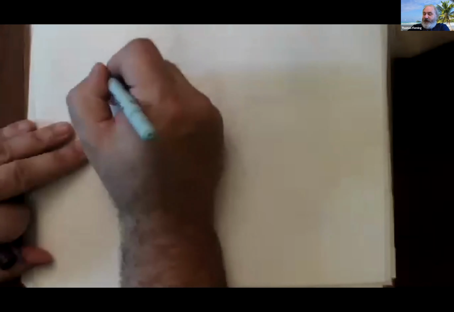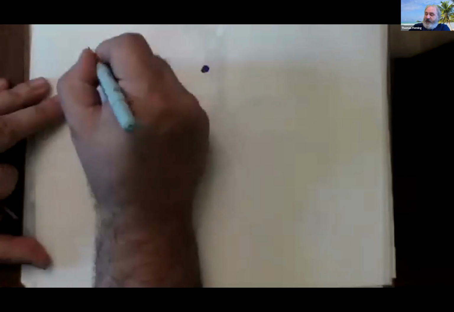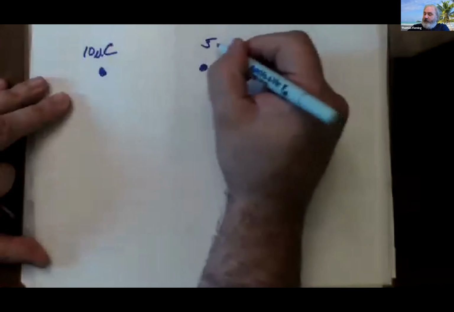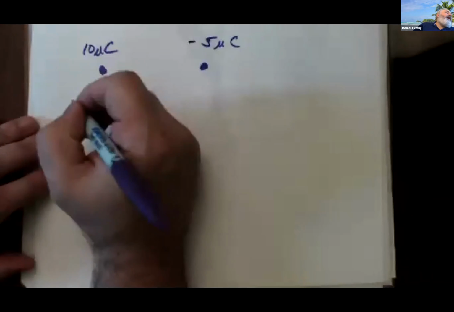So let's imagine I've got the following example. I've got a positive charge and a negative charge. They're both point charges. Let's say that this guy over here is 10 microcoulombs, and this guy over here is 5 microcoulombs, but this one's negative. And I ask you to find the force.